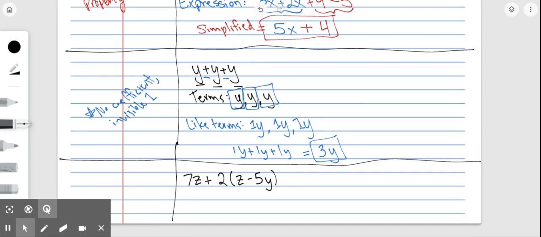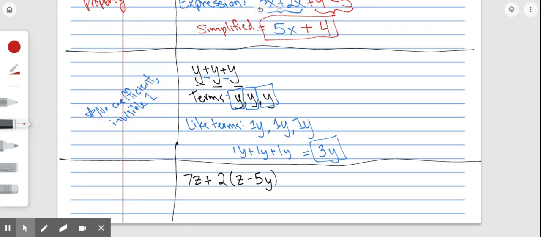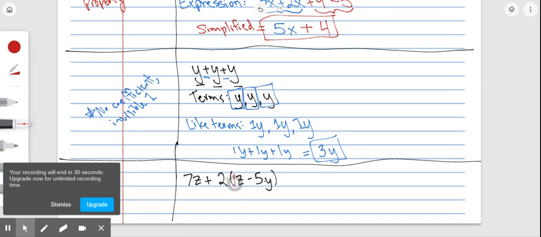Okay, this example is going to take into account some things that we've previously learned. So let's remember that right next to this 2 is a multiplication sign. Next to this 5y is a multiplication sign, and hiding next to the z is a number 1. Okay, so now I'm going to write out the terms.